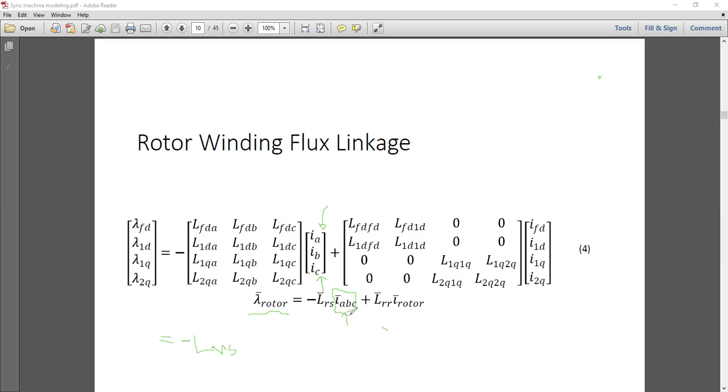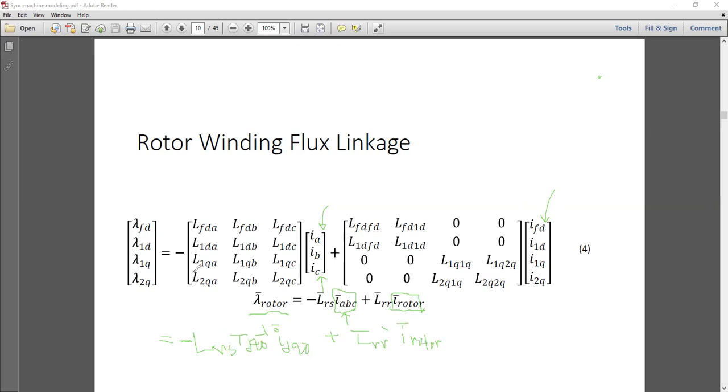So how do you replace IABC with the help of IDQ0? TDQ0 inverse, very good. So TDQ0 inverse times the IDQ0 vector, plus what about the second part? What do we have to do with iRotor? iRotors are already along the DQ axis, so we don't have to bother. We leave iRotor as it is.